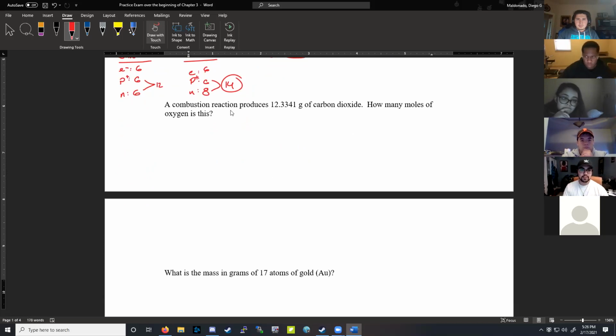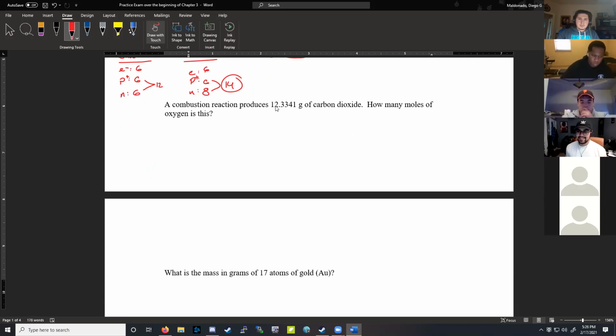All right. So the combustion reaction produces 12.3341 grams of carbon dioxide. How many moles of oxygen is this? I take the grams divided by the molar mass of carbon dioxide.